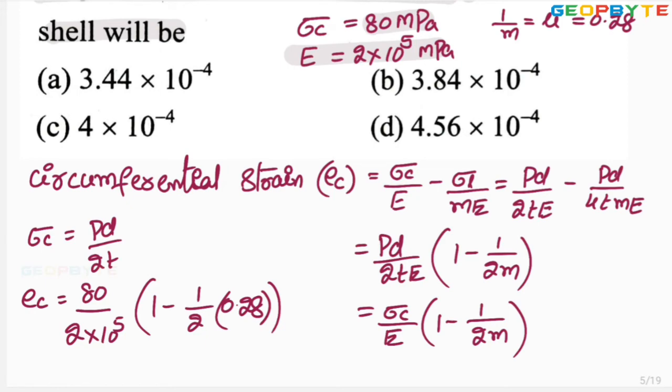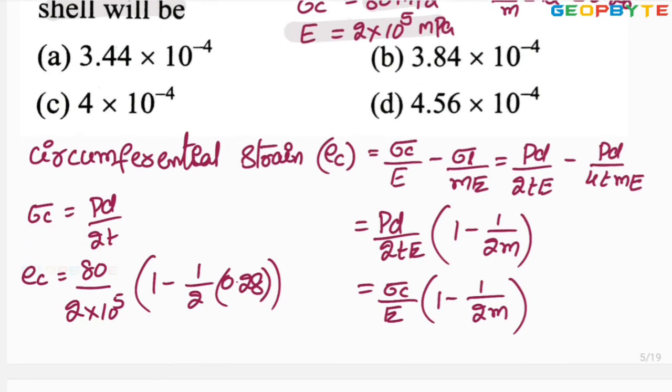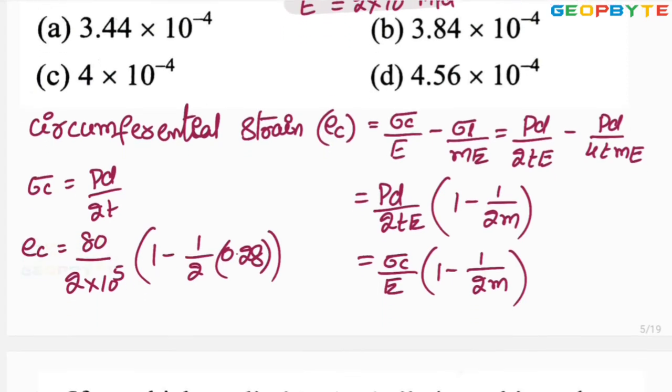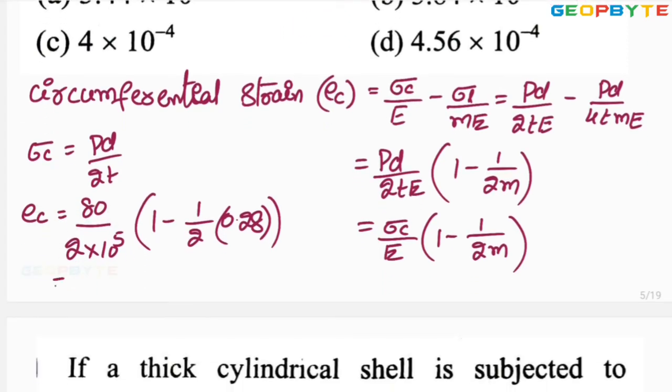You simplify this value for getting 3.44 into 10 raised minus 4. Since it is strain, it has no units. So 3.44 into 10 power minus 4 is the answer.